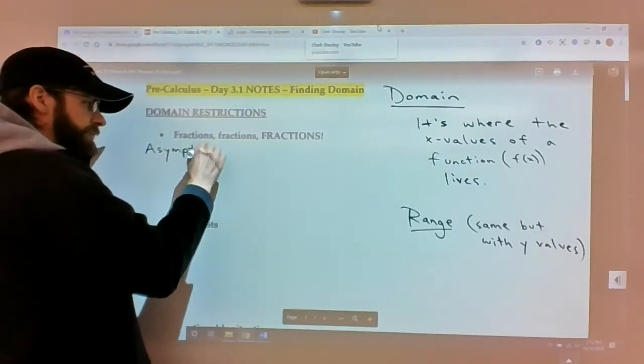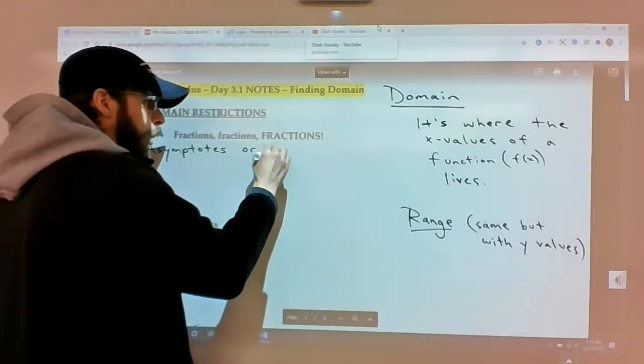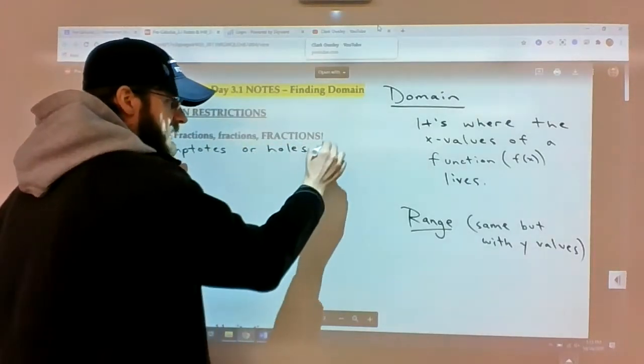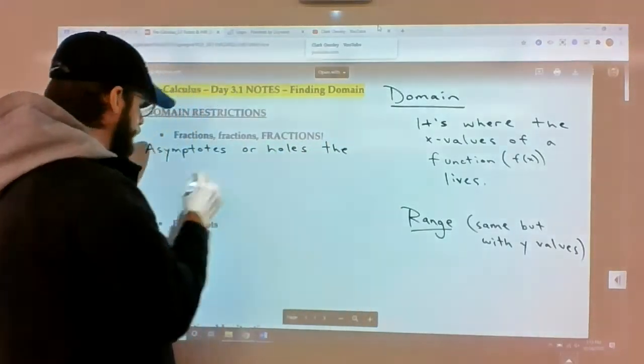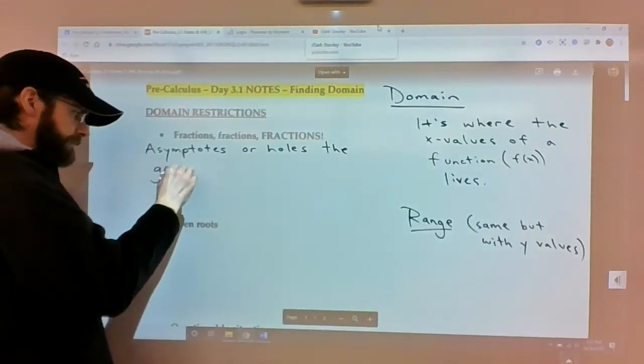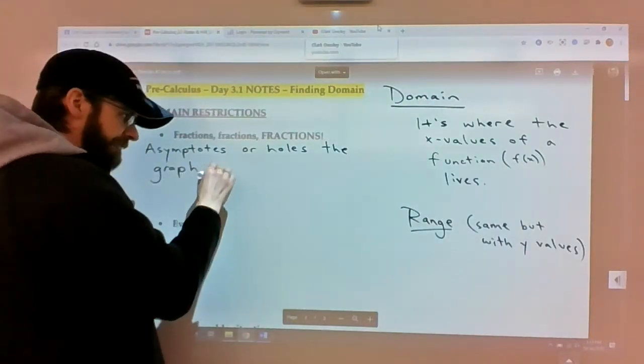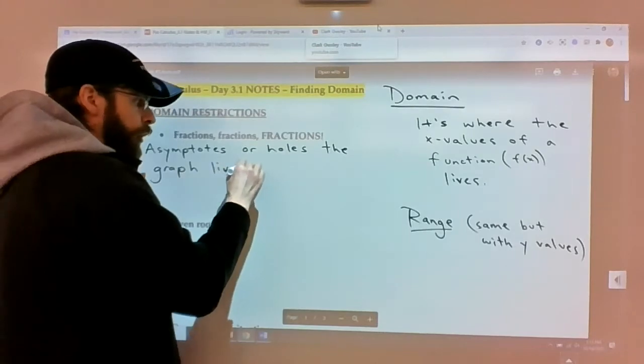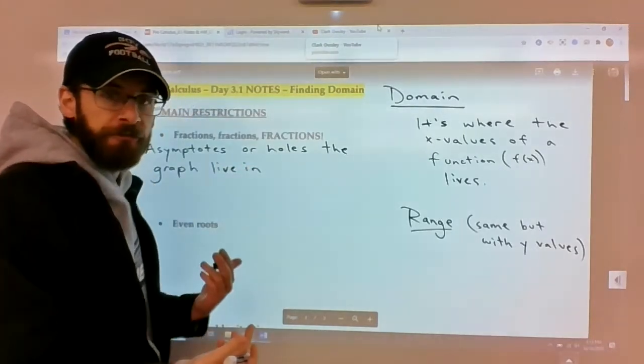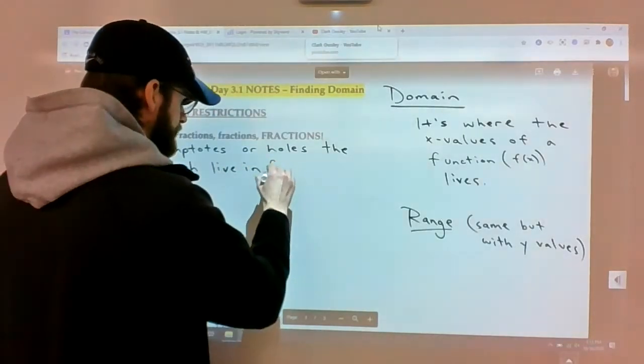Those live in rational functions, or fraction-based functions.